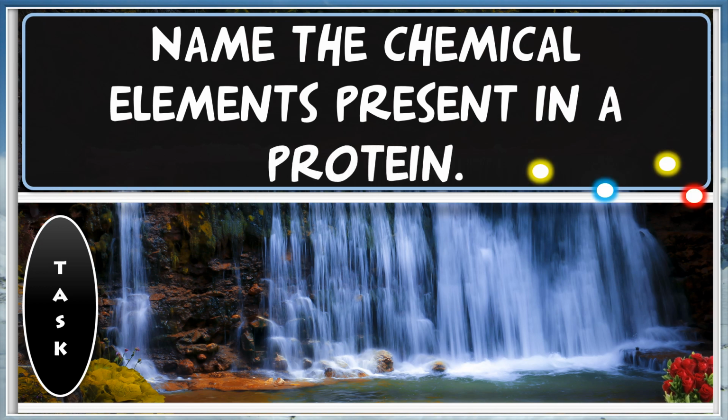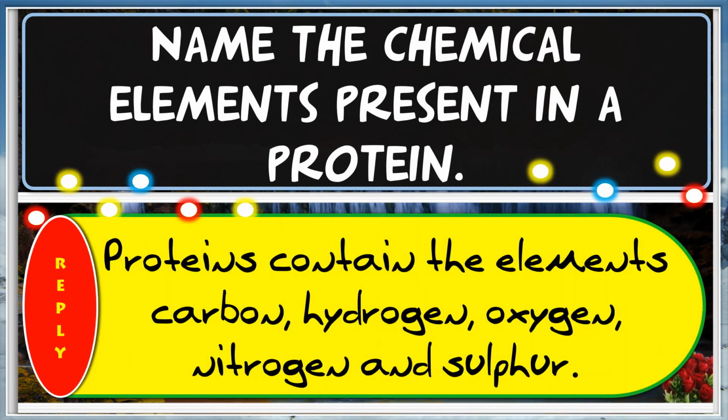Name the chemical elements present in a protein. Proteins contain the elements carbon, hydrogen, oxygen, nitrogen, and sulfur.